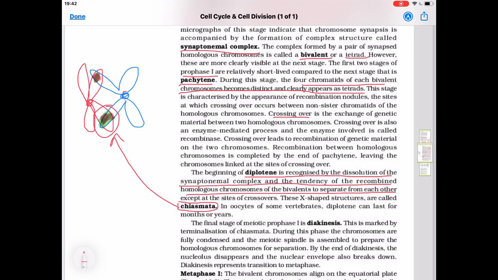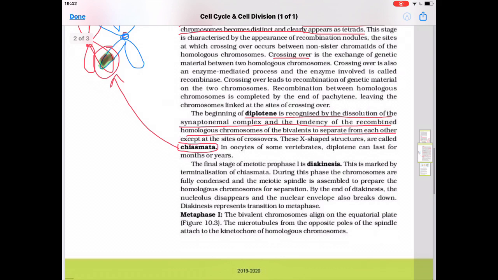The final stage of meiosis, prophase 1, is diakinesis. This is the fifth stage of meiosis 1. This is marked by terminalization of chiasmata. Now this end of the chiasmata occurs. During this phase, the chromosomes are fully condensed and the meiotic spindle is assembled to prepare the homologous chromosomes for separation.